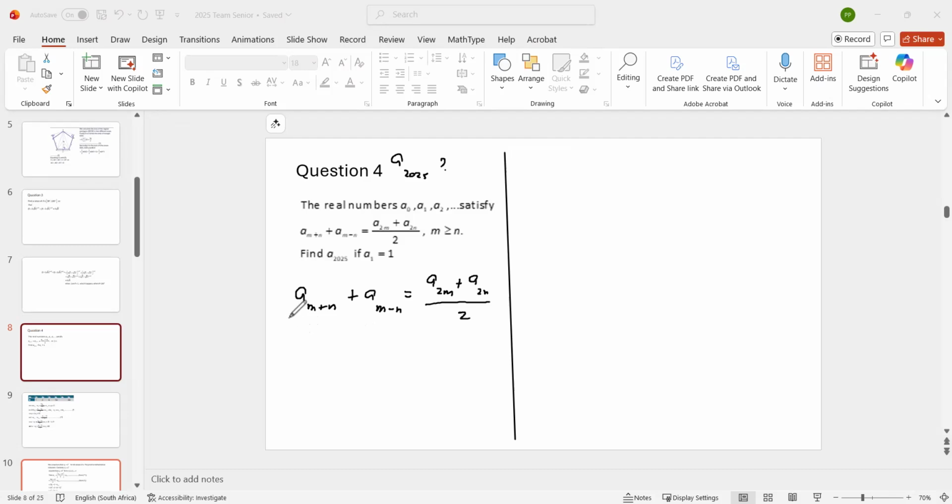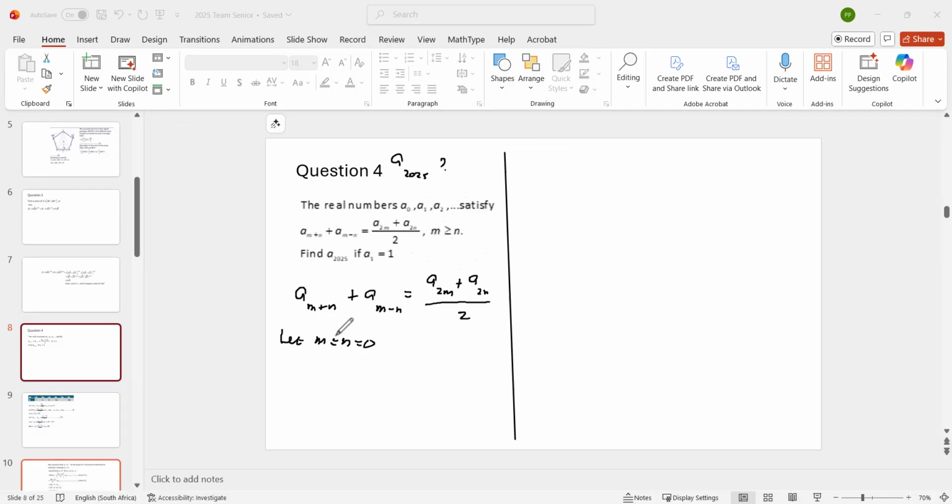Like for instance, if you let m and n both be equal to 0. See, n can be 0, but m is greater than or equal to n. So if m is 0, then n is also 0, because these are counting numbers or whole numbers.